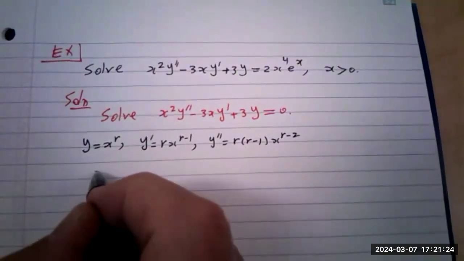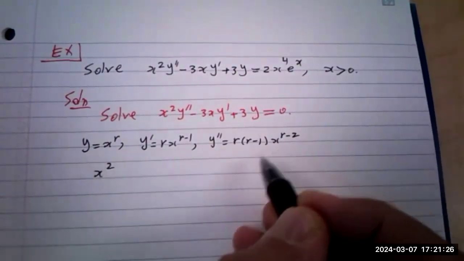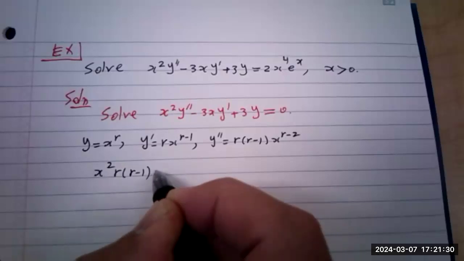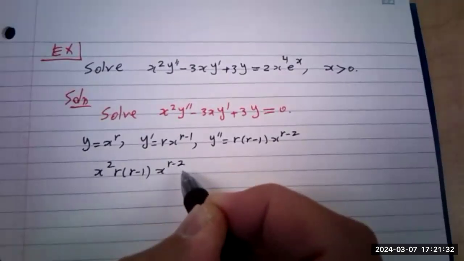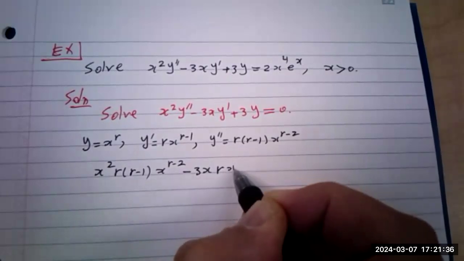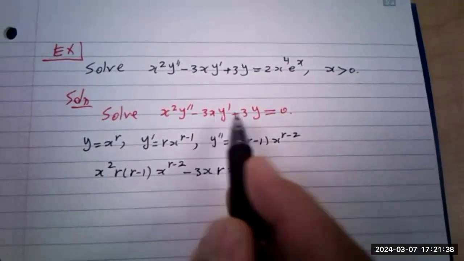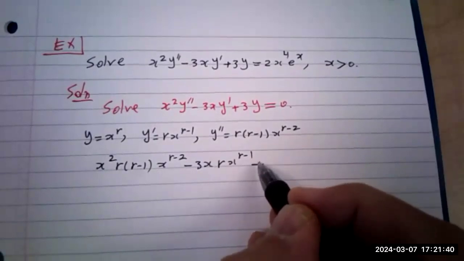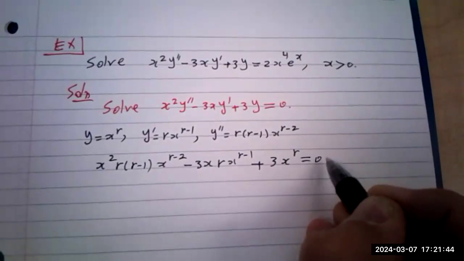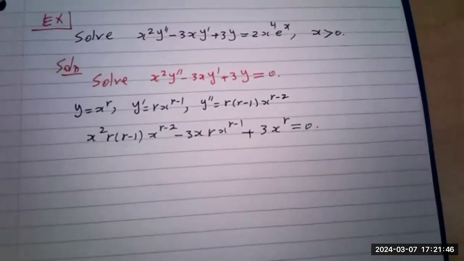So this is it. It's going to be x squared y double prime, which is r times r minus 1, x to the r minus 2, then minus 3x y prime, which is r x to the r minus 1, plus 3y, 3x to the r, equal to 0.